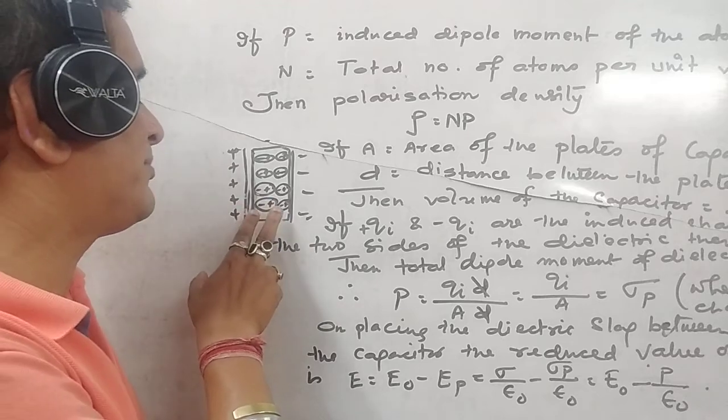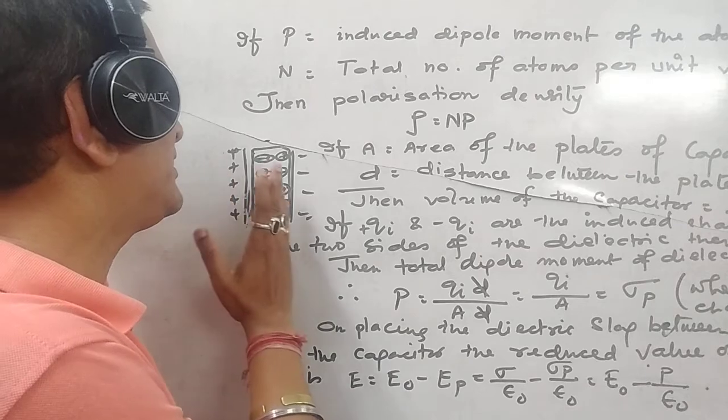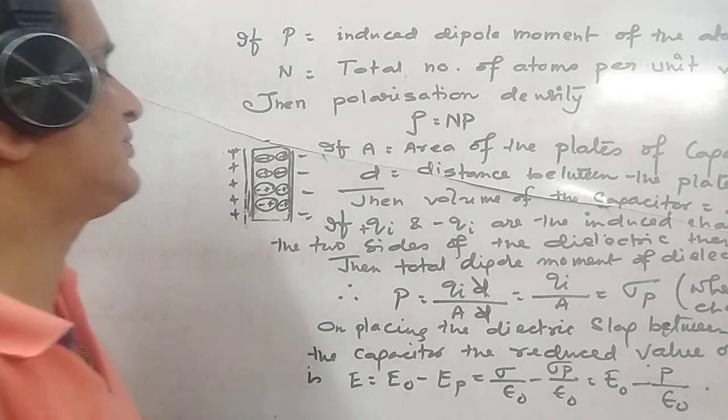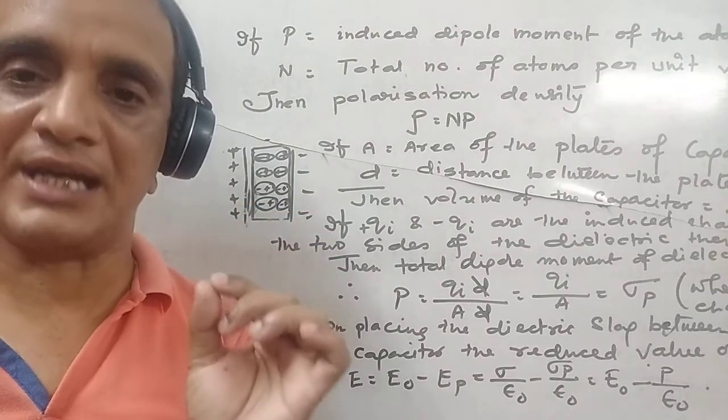The dipole moment developed per unit volume when it is placed in an electric field is known as polarization density.